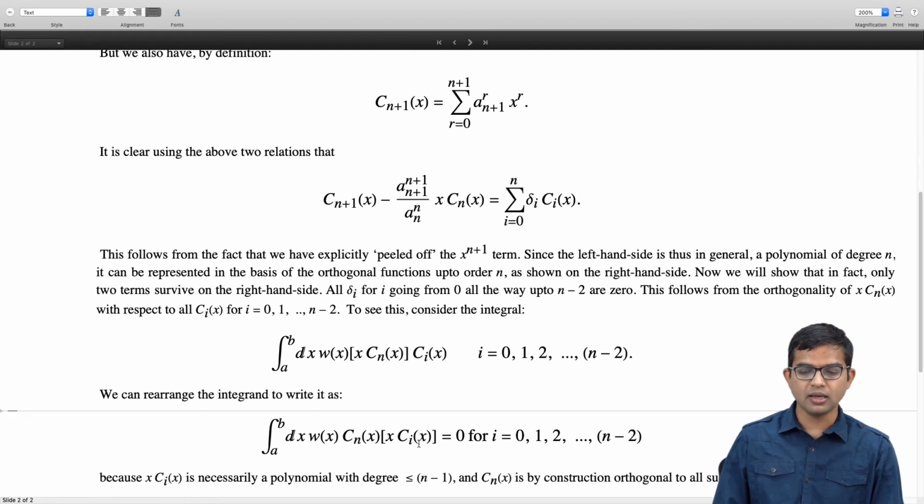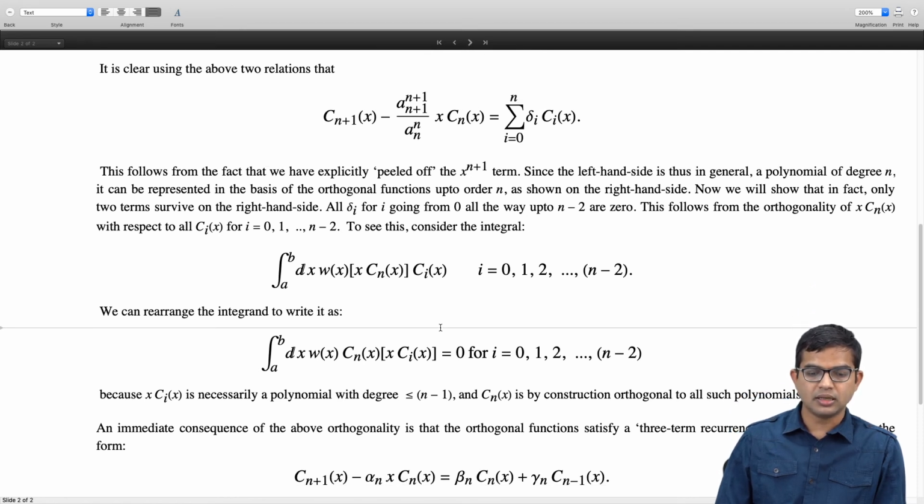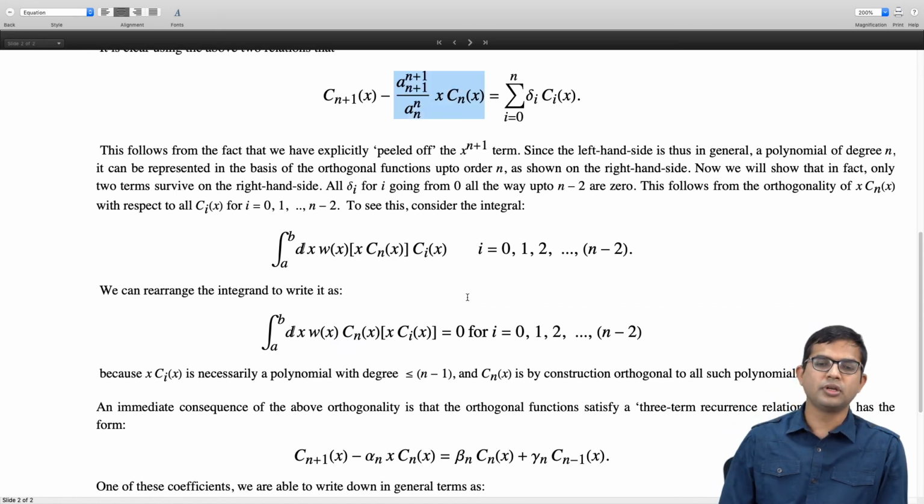So we see that this function x times Cn of x cannot contain any term whose order is greater than n minus 2, right? So an immediate consequence is that we get this 3-term recurrence. The key point is that if any of these other Ci's has to appear, it has to appear only from here, right?